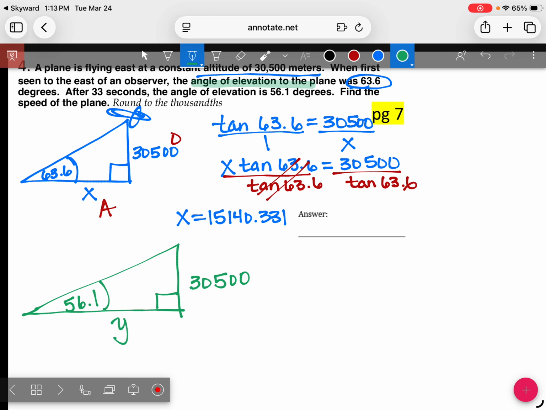Just like x. Okay. We're just changing the angle of elevation. Same step. It's still going to be 30,500, but this time you're dividing it by the tangent of 56.1.